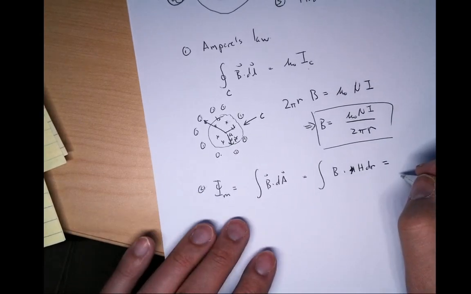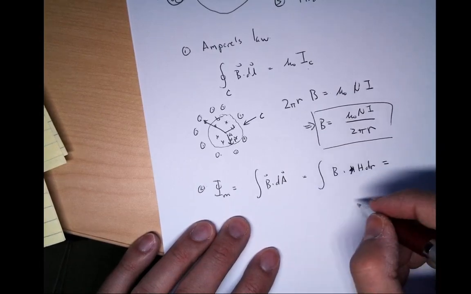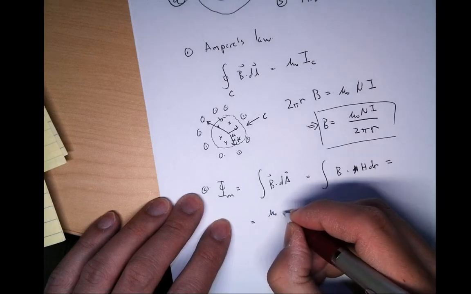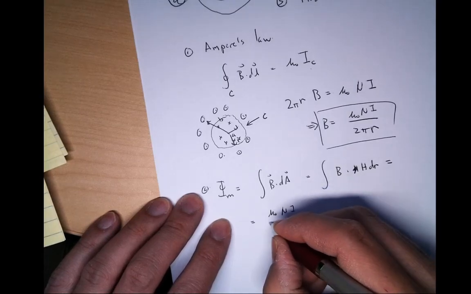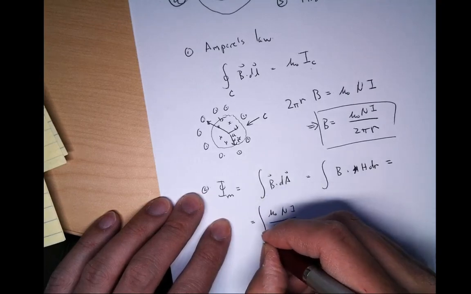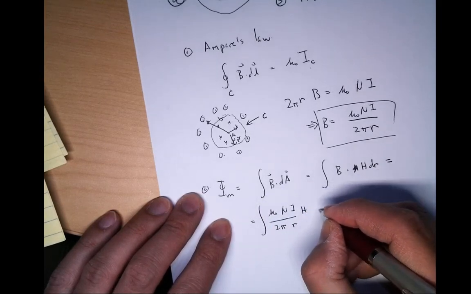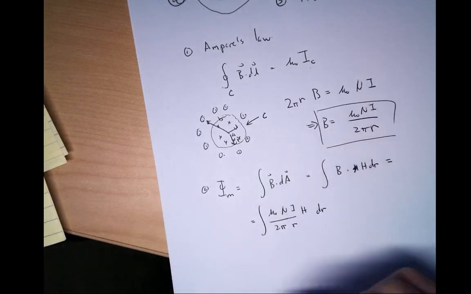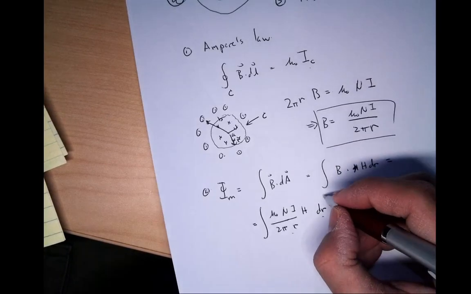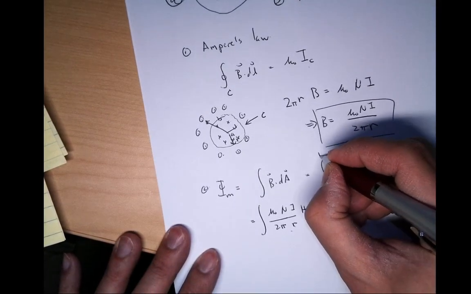And so if we go ahead and do this now, this is just going to be equal to the integral of mu 0 N I over 2 pi r, times h dr. Almost everything is constant except for these two pieces, and we're integrating from r equals a to b.